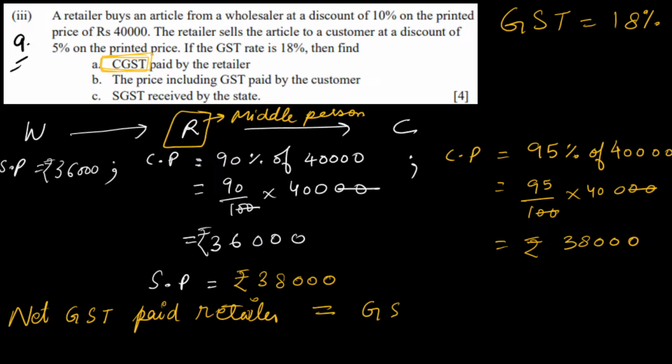It is GST on profit. A middle person you can always find like this. Because CGST and SGST are equal, we will divide it by 2.